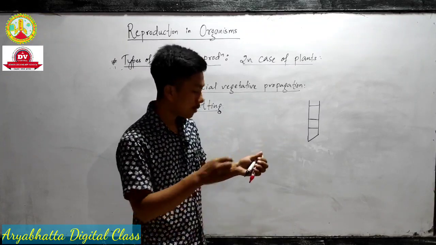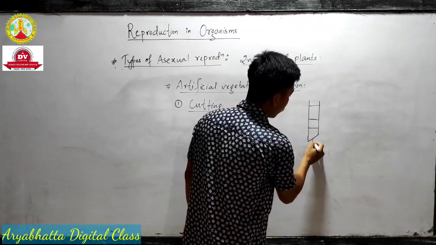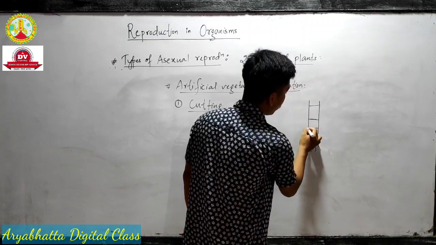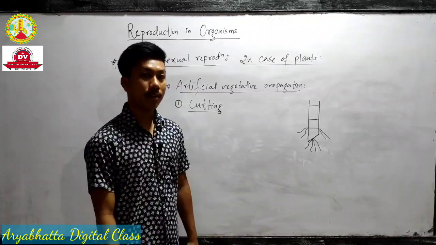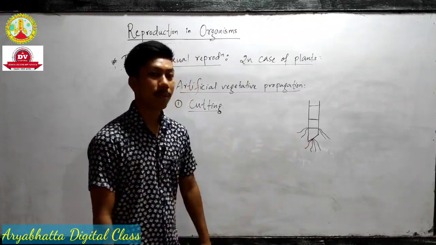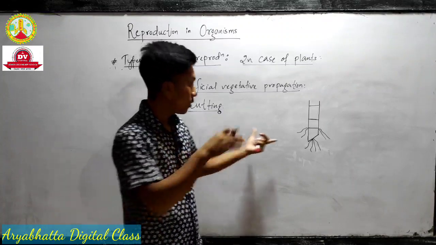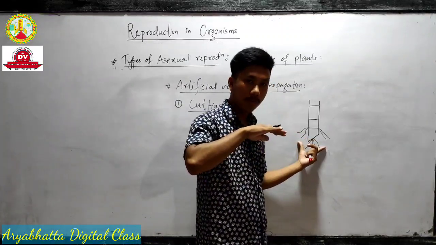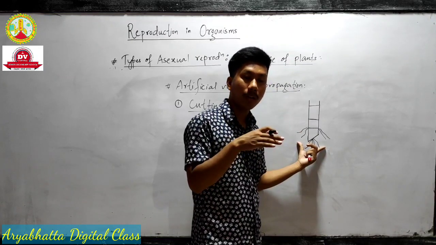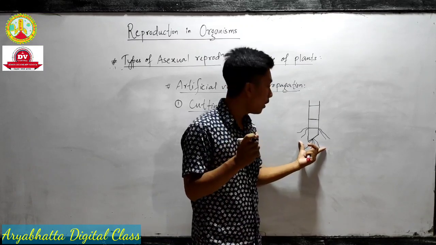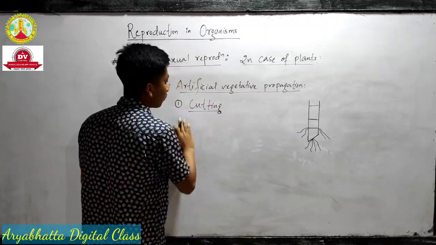That's it. After some days or some weeks, we find roots arising from the cut region or the node region. Very simple. This process is known as cutting. We take the stem just below the nodes, cut at an angle of 45 degrees, add auxin hormone, and then place it in soil.